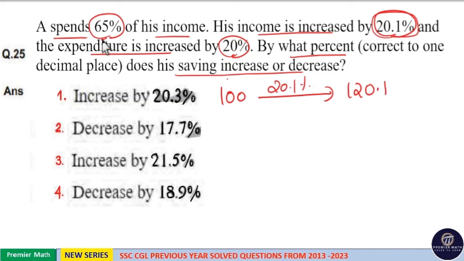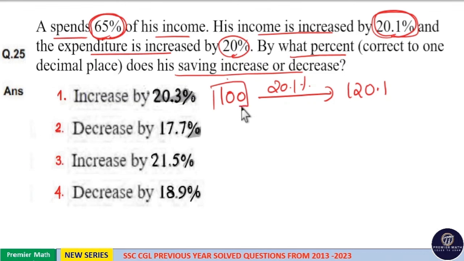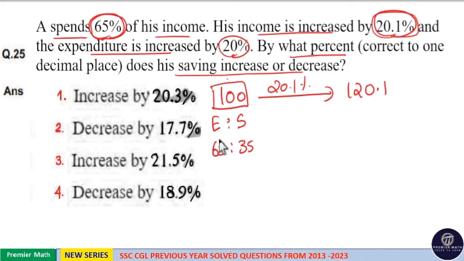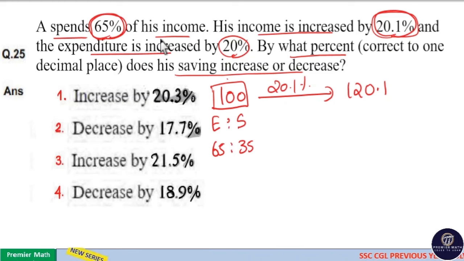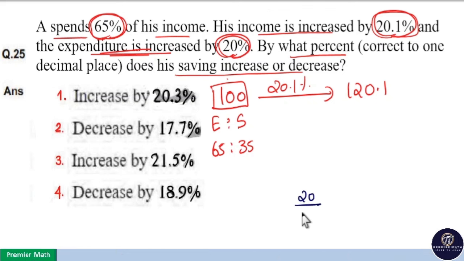Now, initially he spent 65% of his income. Initially his income was 100 rupees. Out of this 100, he spent, that is his expenditure was 65 rupees. Then the remaining 35 rupees is his savings. Now, expenditure also increased by 20%, which means 20% is the increment.